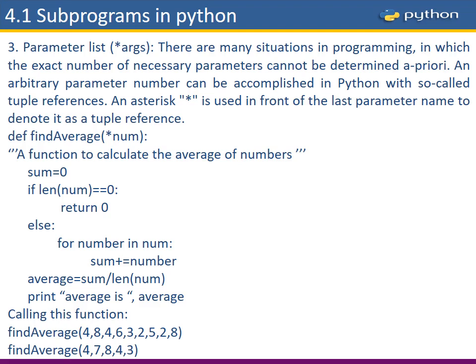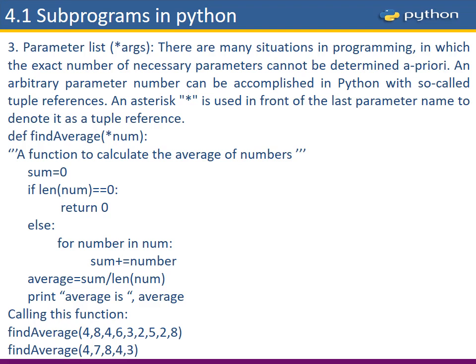An arbitrary number of parameters can be accomplished in Python with so-called tuple references. An asterisk is used in front of the last parameter name to denote it as a tuple reference. So the parameter list is for when you don't know how many numbers the user will give, for instance, when writing the program. So we make use of the asterisk args.